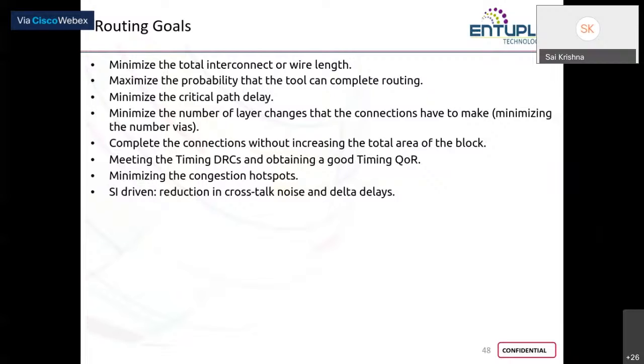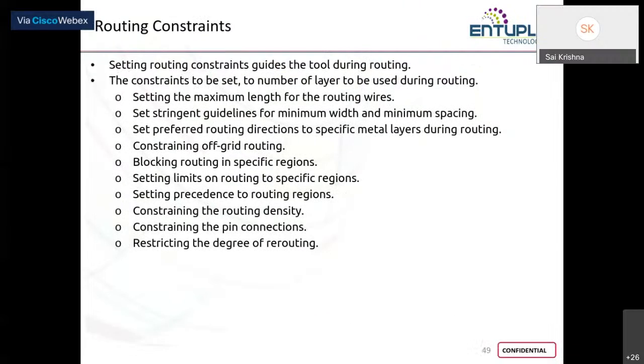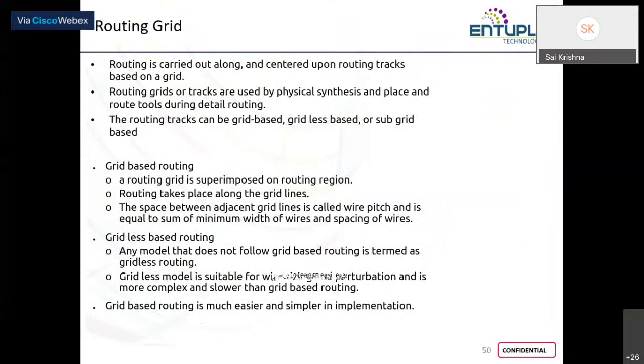The integrity of the signal, SI, signal integrity, should be intact. So when you're dealing with routing, though it is just connecting wires, all these factors must be taken care of.